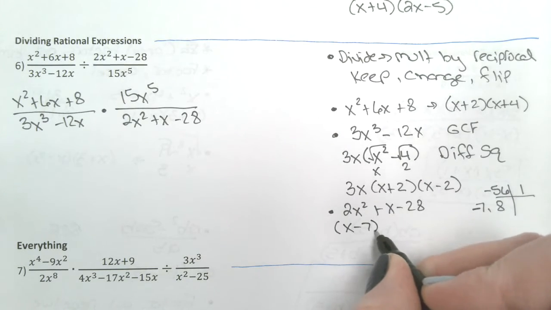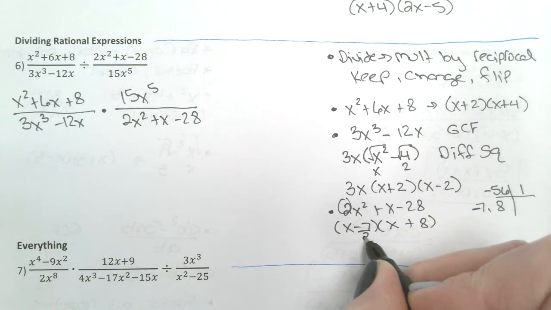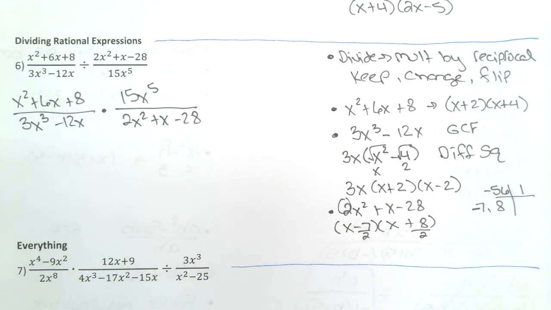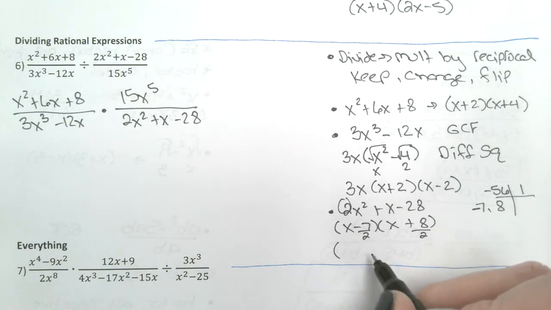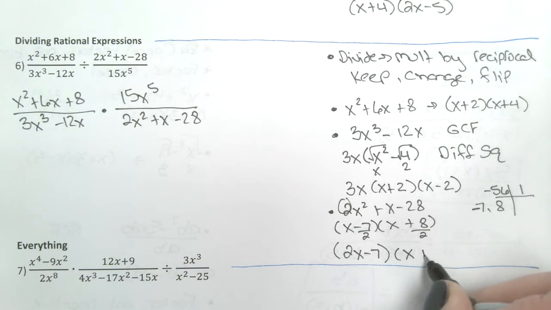So this is x minus 7, x plus 8, a is 2, so I'm going to have to divide. So this first one becomes 2x minus 7, and that second one is x plus 4.